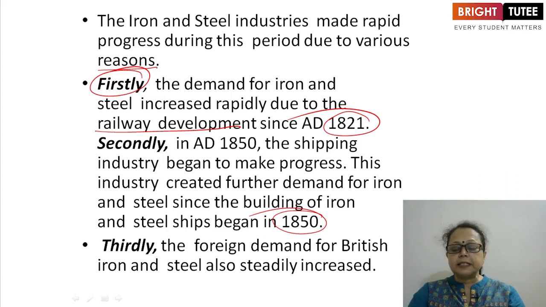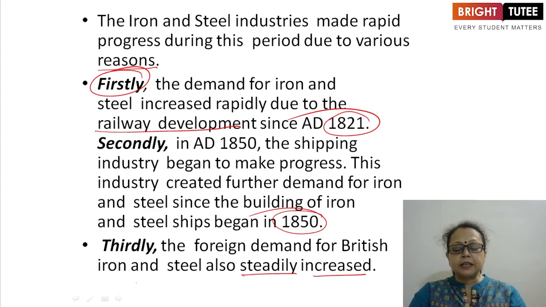The third is that the foreign demand for British iron and steel also steadily increased. There was a demand which also increased from foreign countries. So these were the reasons for the rapid progress during the 18th and 19th century in Britain.